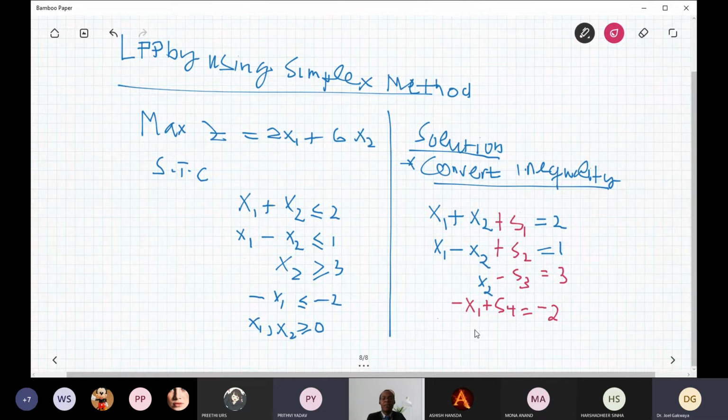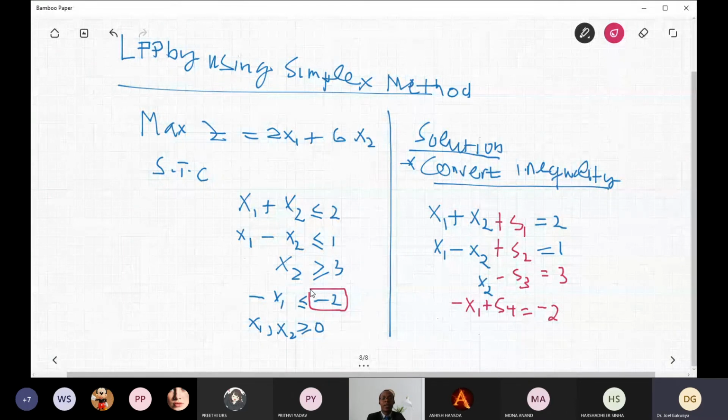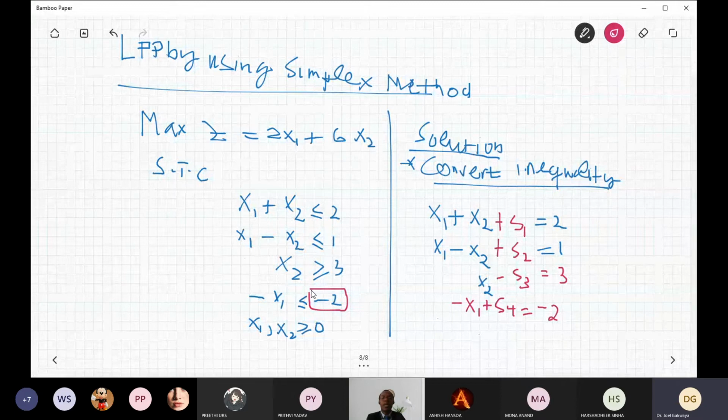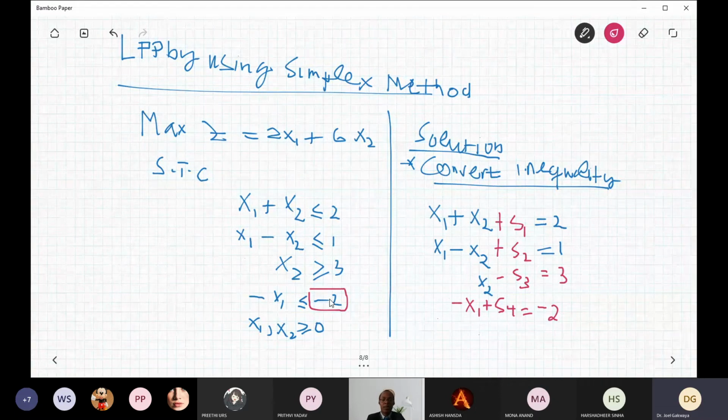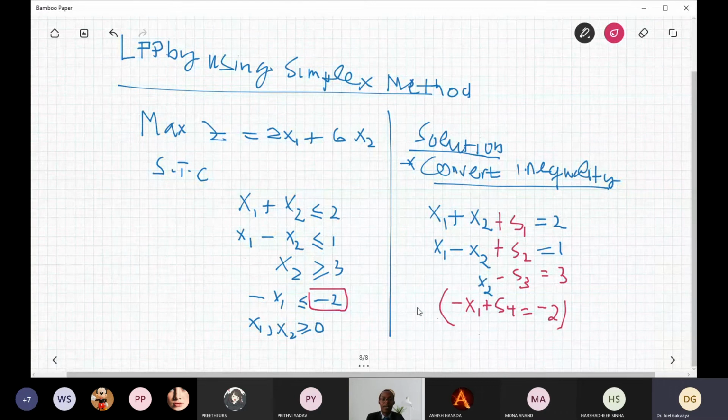Before we reach there, Mona gave this one, but look, what is this? Minus 2. When it is minus 2, we have to multiply by minus 1 to convert into a positive. You get it? So that's why, as Mona has said, you have to multiply by minus 1.